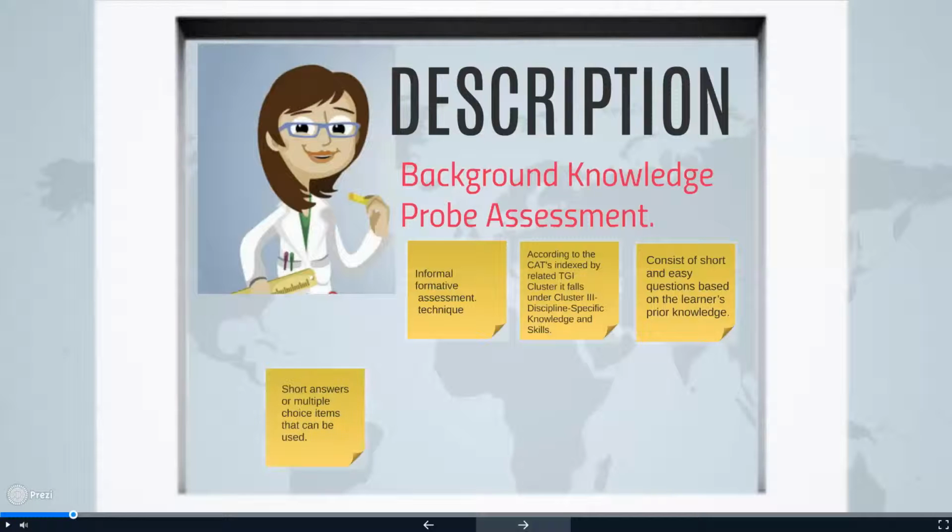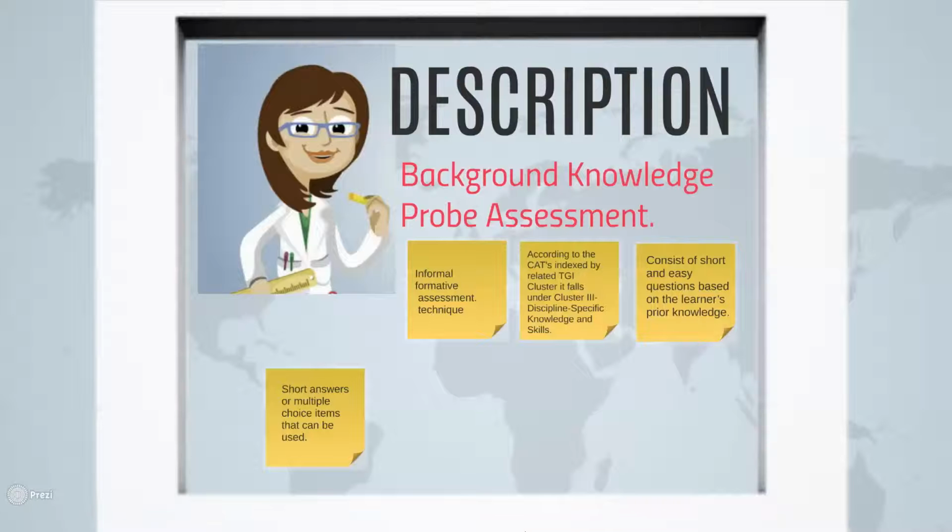Short answers or multiple choice items can be used for this assessment. This assessment provides the instructor with feedback on the learner to determine what level the learner might be on about the course or topic. Additionally, this assessment can also be used post-course or topic to assess the differences in knowledge before and after.